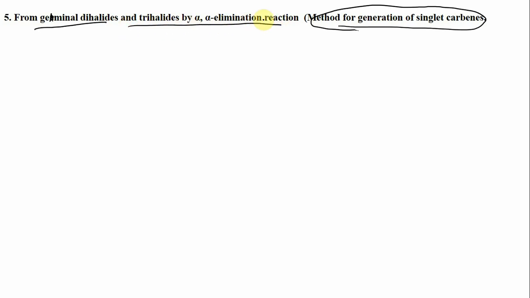The next method, which is another very important method for preparation of carbenes, especially singlet carbenes, is from geminal dihalides and trihalides by alpha-alpha elimination.